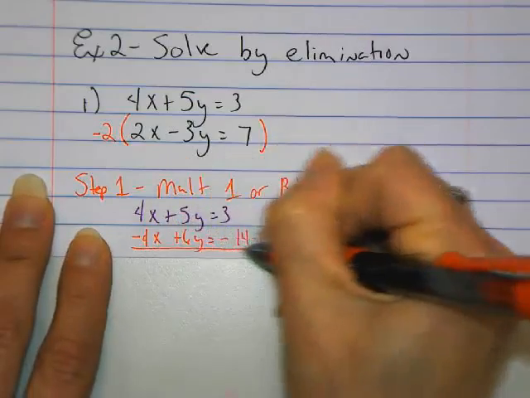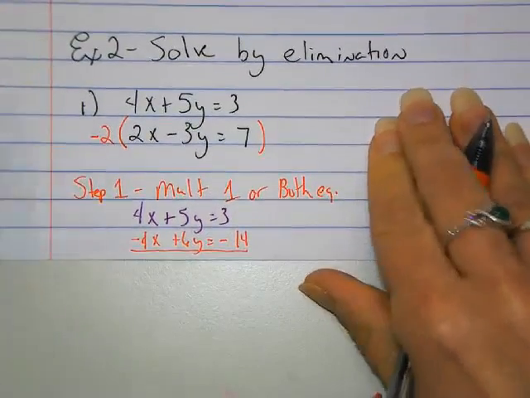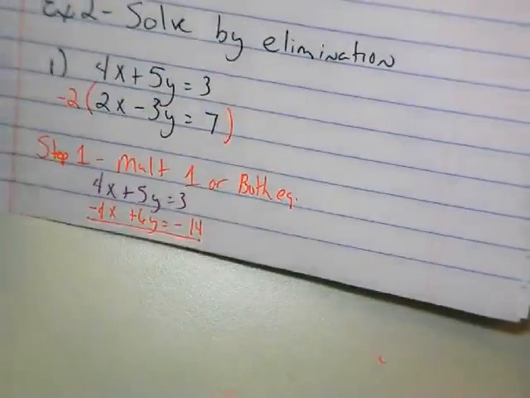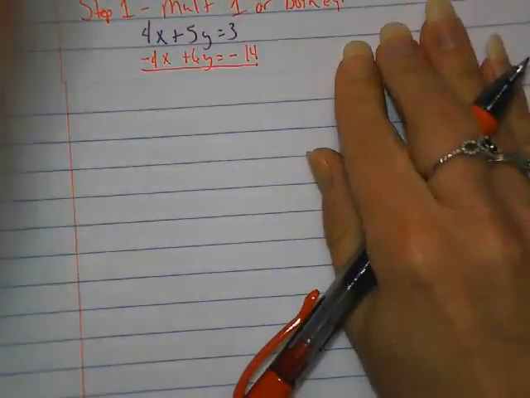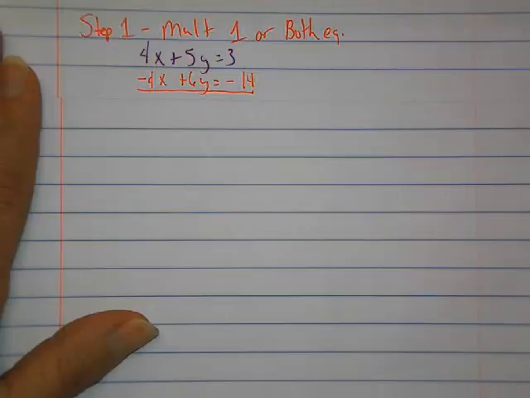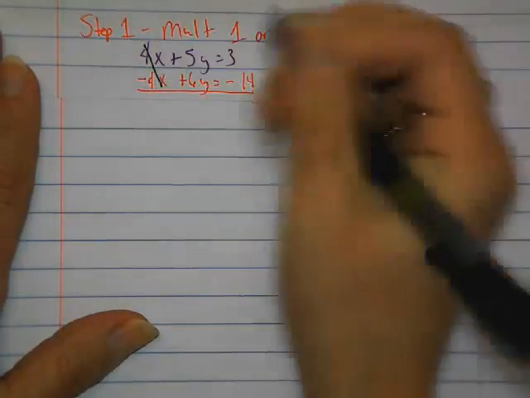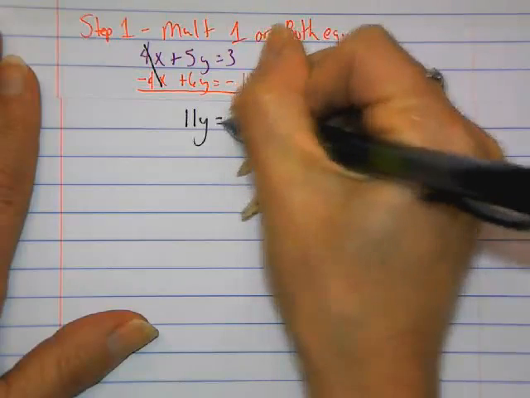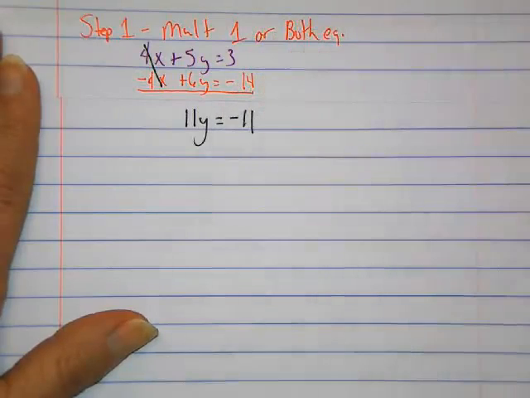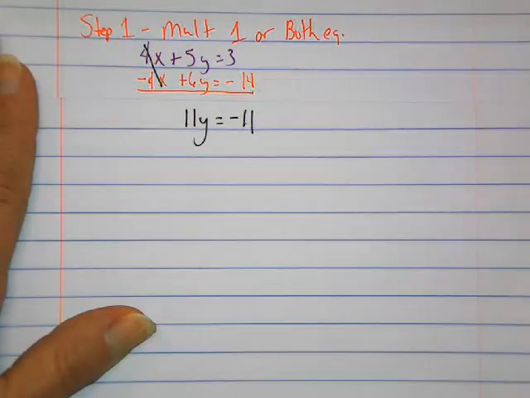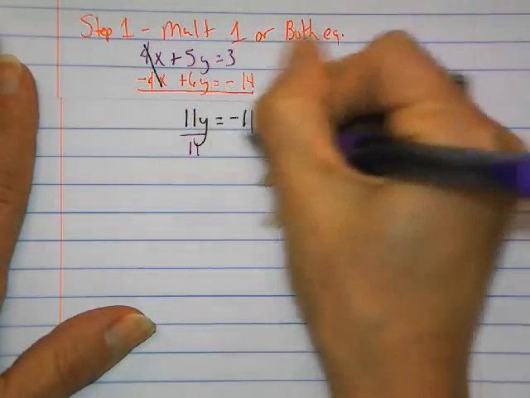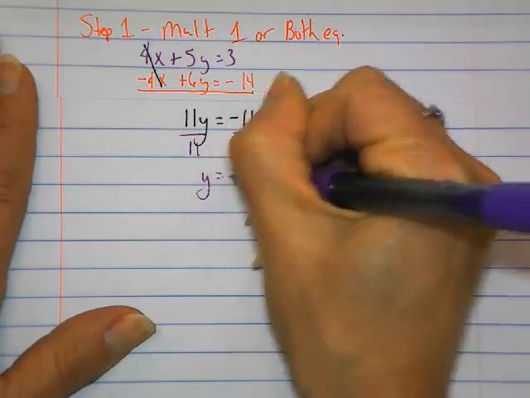Now I'm ready to go ahead and combine these. Alright, so these cancel, and I have 11y is equal to -11. Now I divide by 11, and I get y is equal to -1.